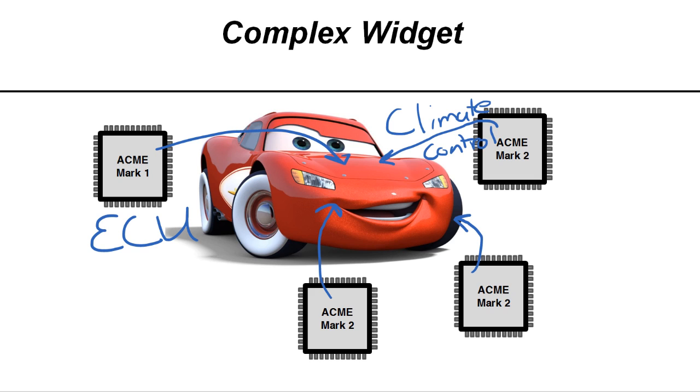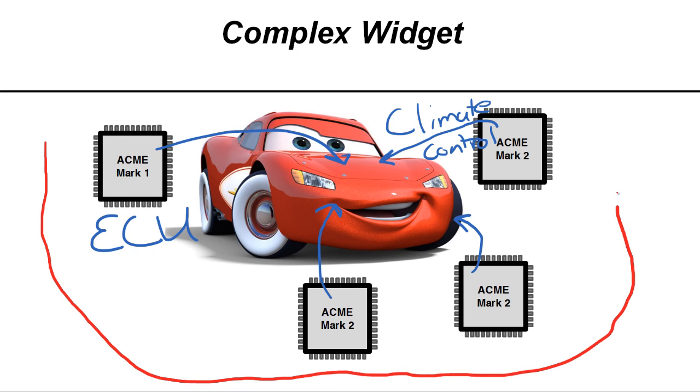And the big difference now in a product like this is that all of these microcontrollers, and I'm just going to draw a line like this. Let me draw some arrows. They will have to communicate over a large bus.